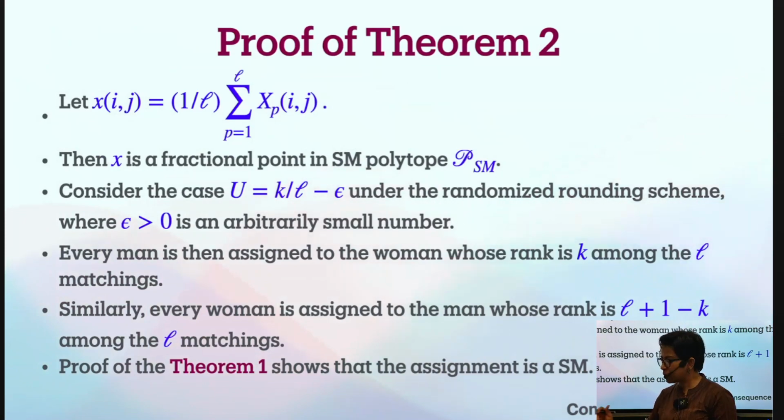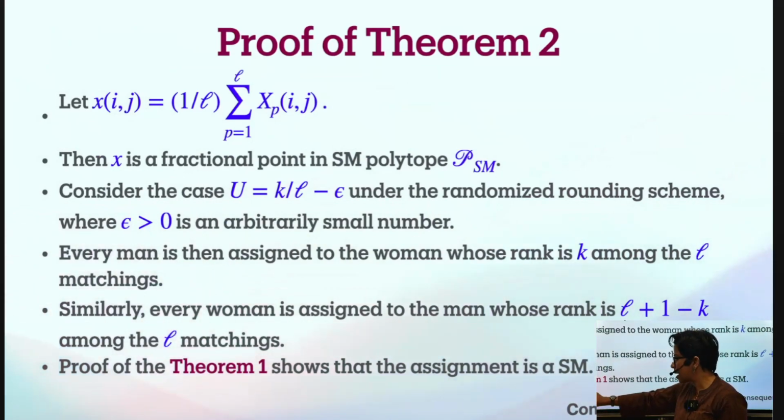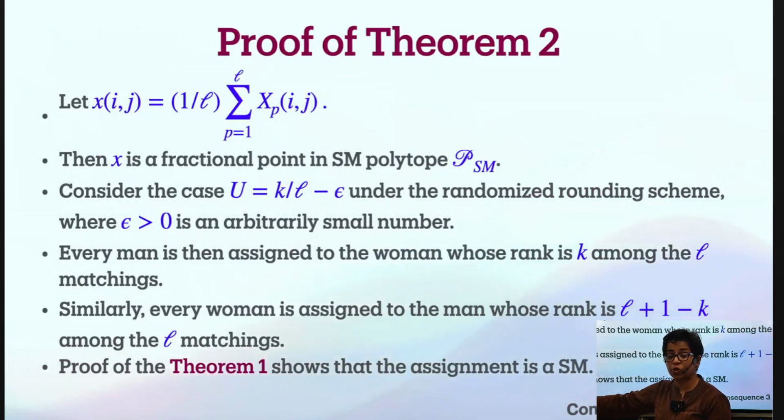From the men's side, the first person who comes is the person he likes the most among the L people. Then comes the second person he likes the most. It could be the same person as the first one, if this person is matched to him in at least 2 or more matchings. Therefore, when I reach the kth interval, it is literally the woman who is his kth best ranked partner. Does that answer your question now?